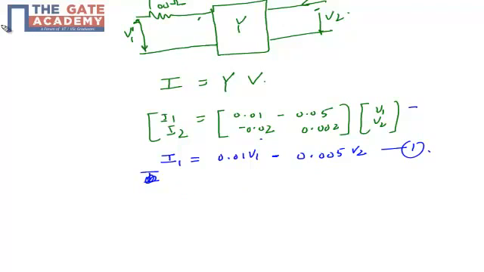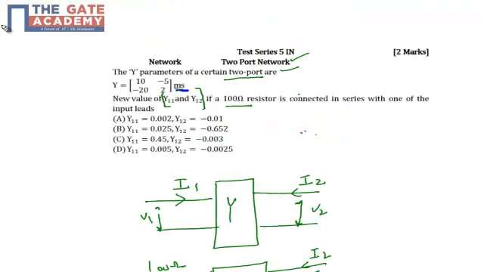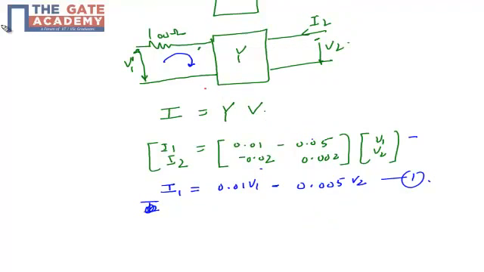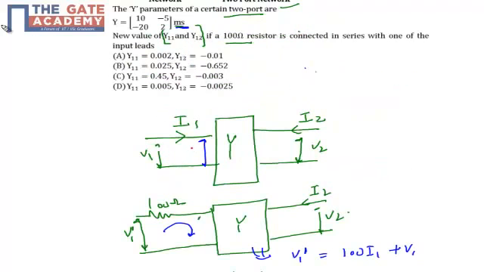Let's look at the input loop of the second circuit. In the second circuit we have a series resistor of 100 ohm connected in the input port. So I can write my equations for this circuit. V1 dash will be equal to 100 times I1 plus V1, because this voltage was V1 and is still V1.